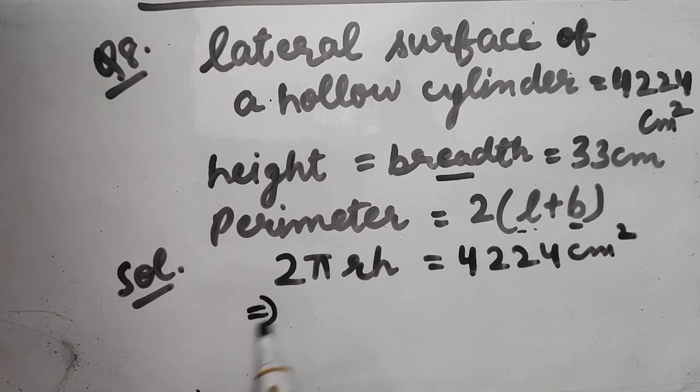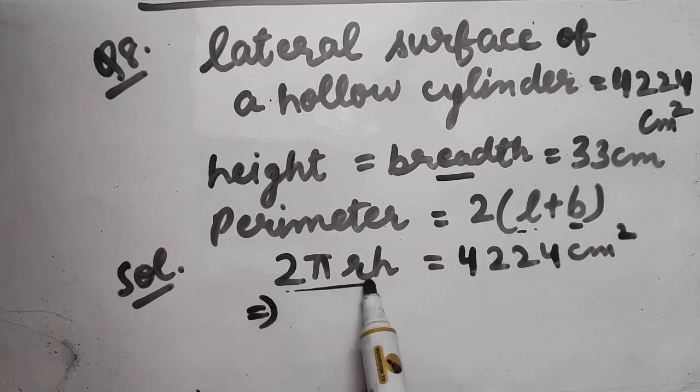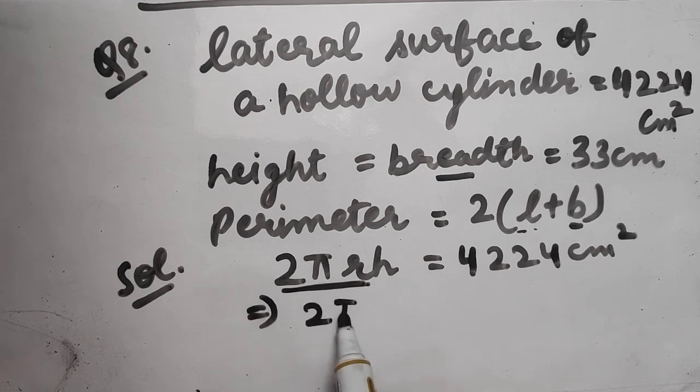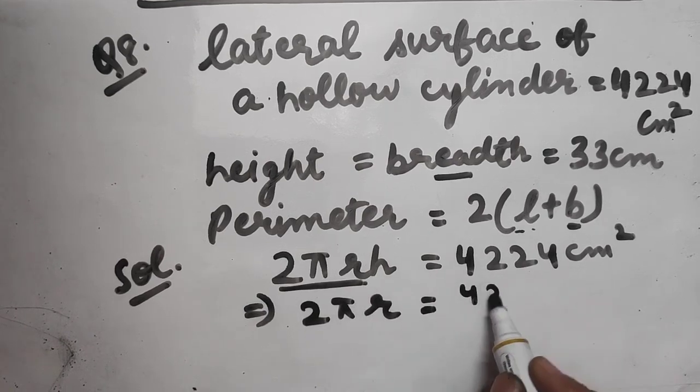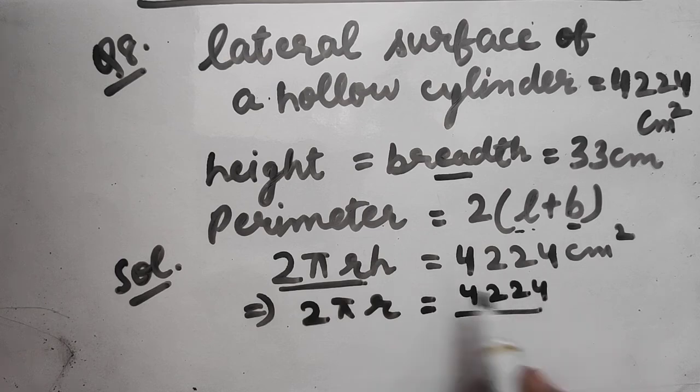Now I am going to calculate the value of 2 pi r. 2 pi r is equal to 4,224 divided by 33, since the height is given as 33.